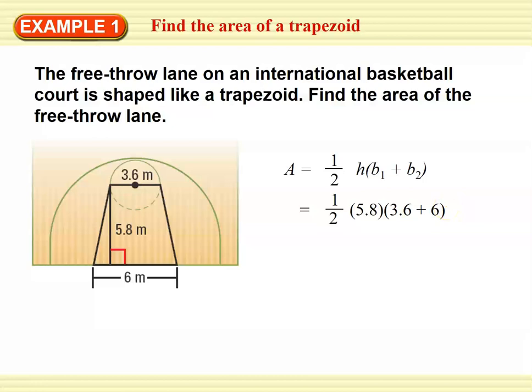And then you take half of 5.8 times 9.6 and you get 27.84. And so the area, we're talking area, so it's going to be units squared. And here we're given the units, so we use meters, meters squared.